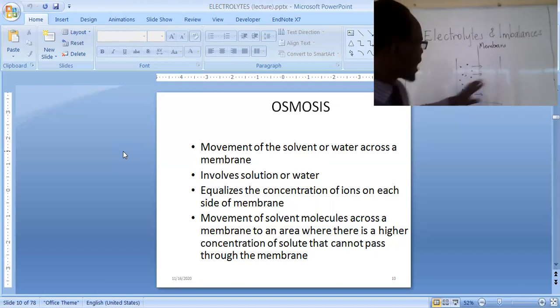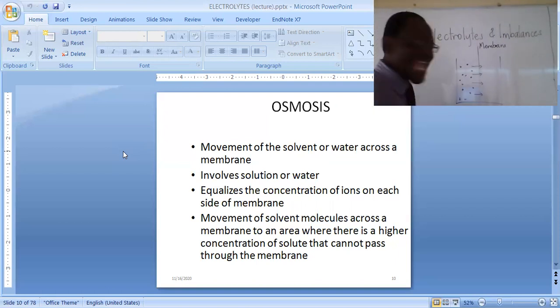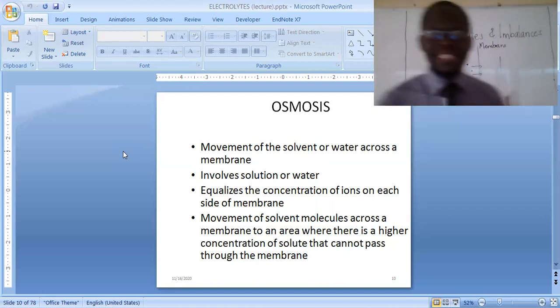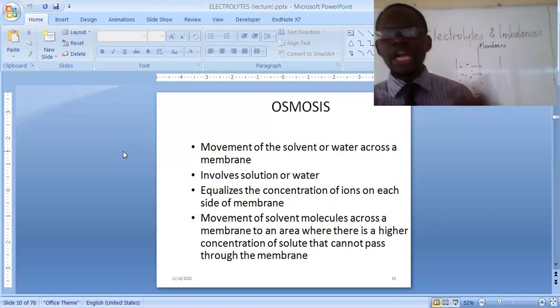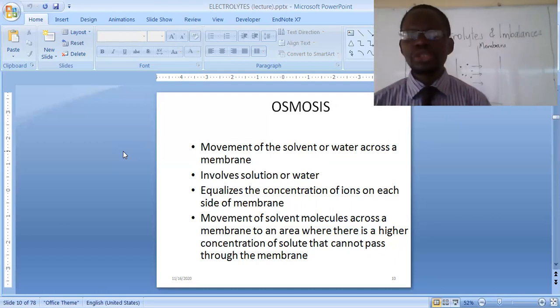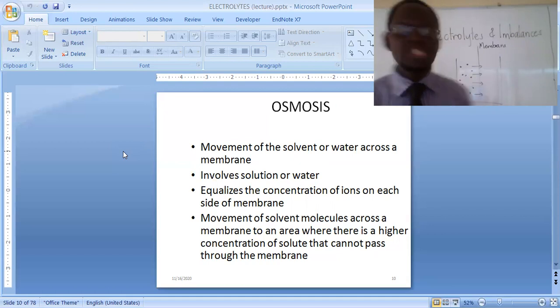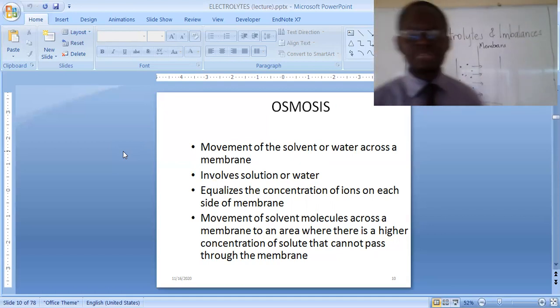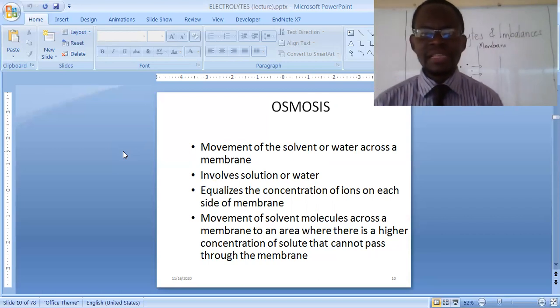That water will move until there is equilibrium in concentration of the ions on each side of the membrane. That is what we refer to as osmosis.